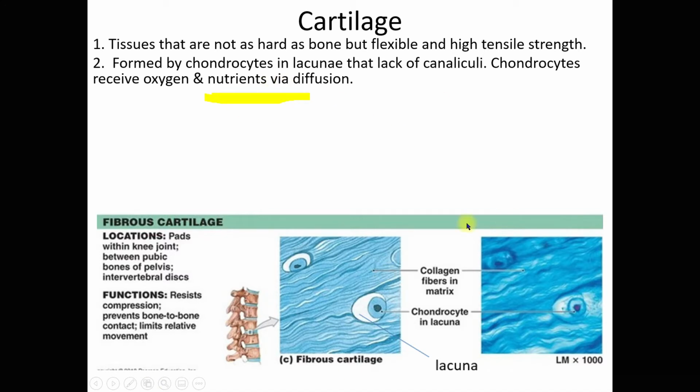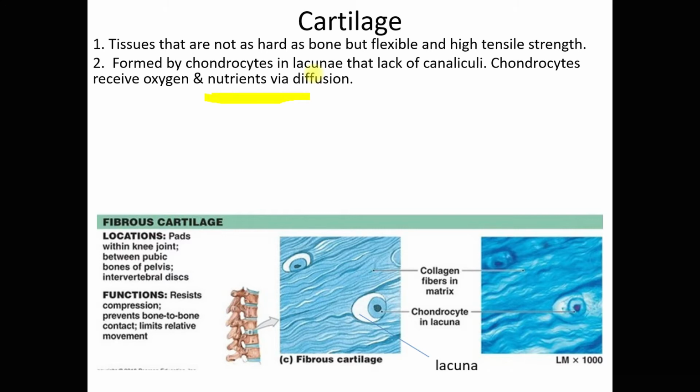So sorry, before we go to this fibrous cartilage, this is a general fact about cartilage. Sorry, it's mixed up. It's okay. Let me rephrase that. Cartilage are formed by chondrocytes in lacunae that lack of canaliculi. So the lacuna of this cartilage, they don't have the tiny projections compared with the bone. Tiny projections yang kamu panggil canaliculi.